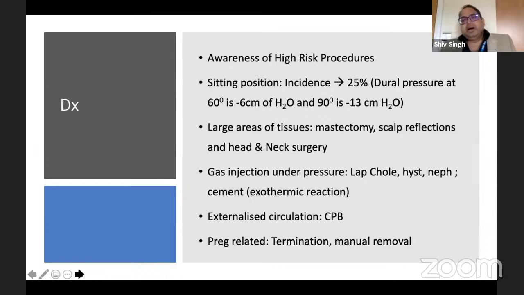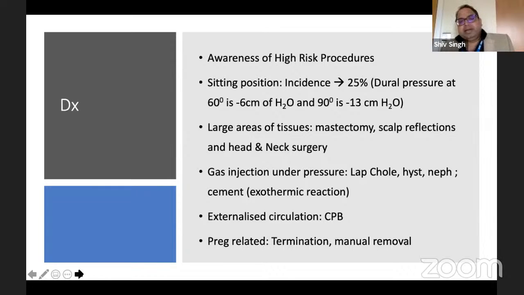So the incidence is pretty high in a sitting up position, and that's why nowadays very few surgeries are done in the sitting up position. But it's quite possible even in things like ENT procedures, where they might want the patient sat up a bit. It can happen even in laparoscopic procedures where they like to have patients head up and tilted to the left. So it can happen even in surgeries like mastectomy, scalp reflection, head and neck surgeries where there is a large area of tissue exposed.